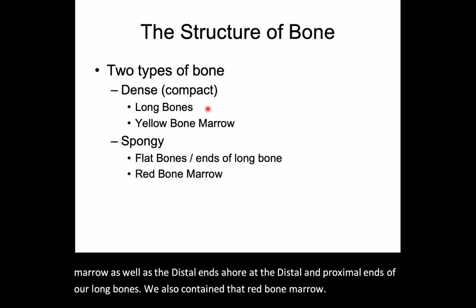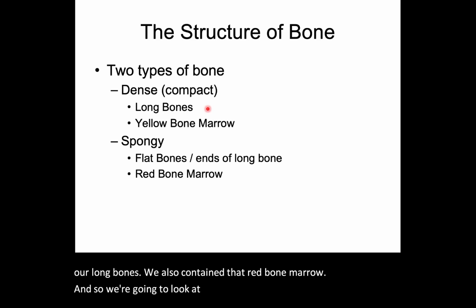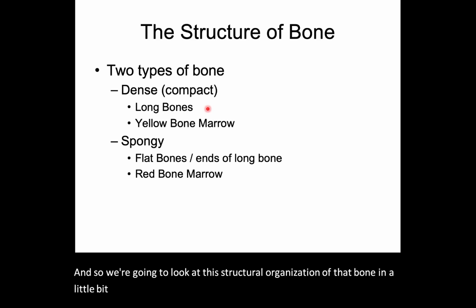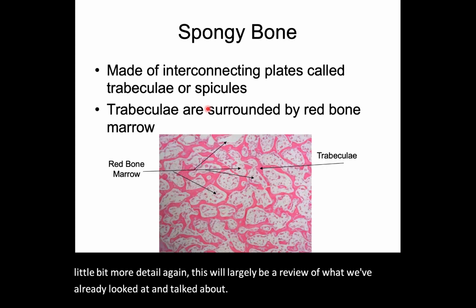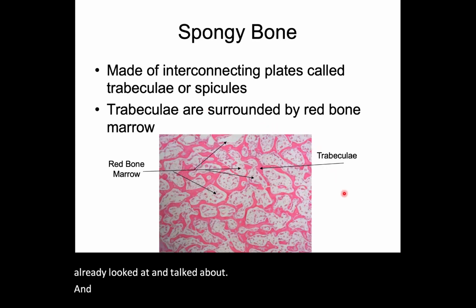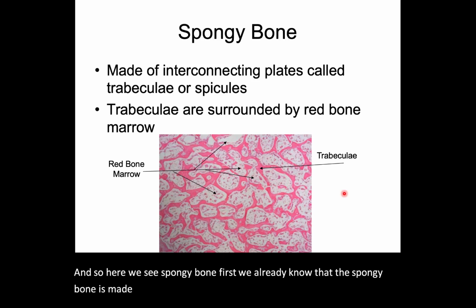So we're going to look at this structural organization of that bone in a little bit more detail. Again, this will largely be a review of what we've already looked at and talked about. And so here we see spongy bone first. We already know that the spongy bone is made up of these ridges or these plates of bone.